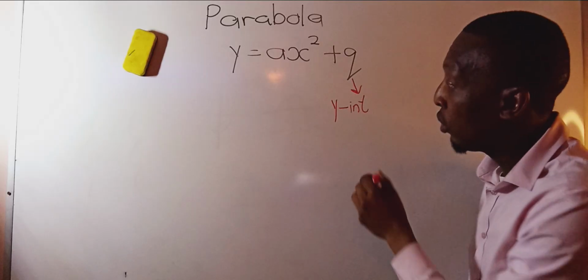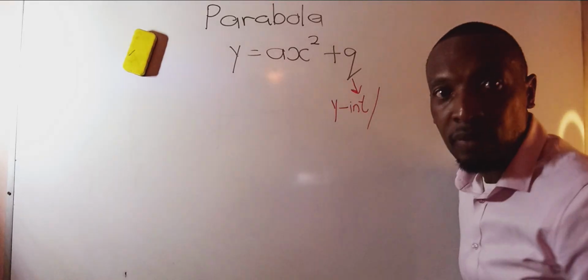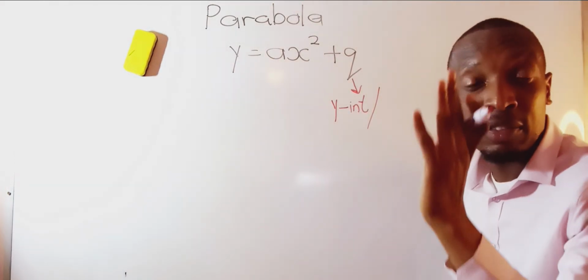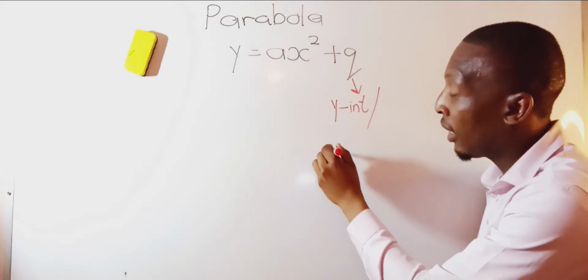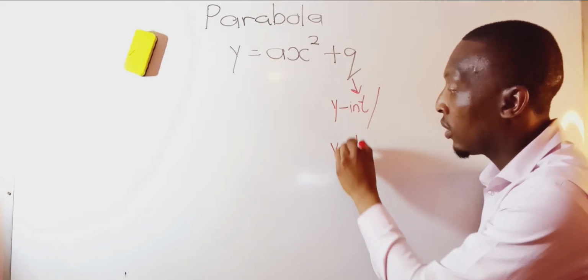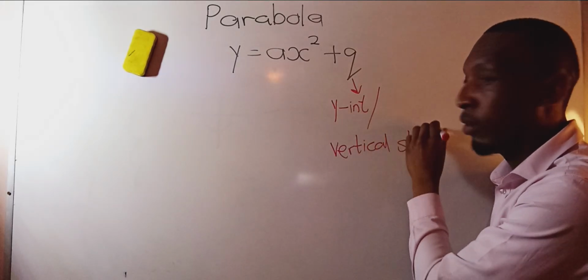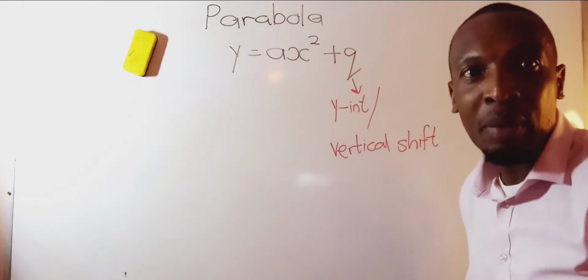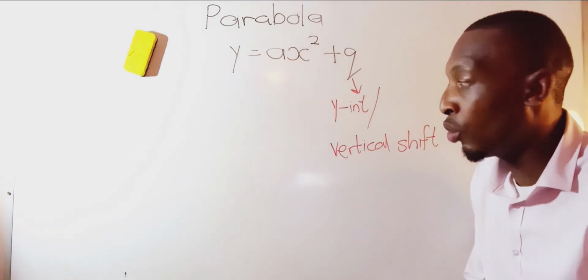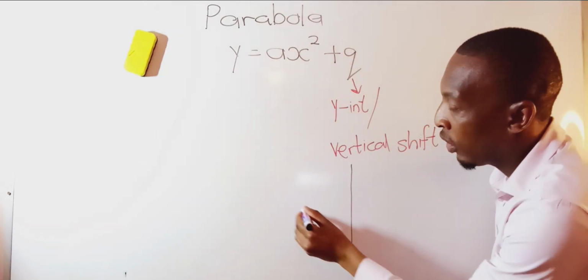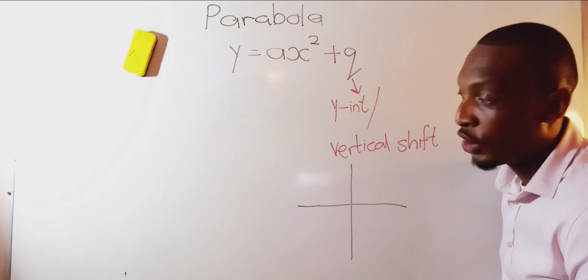It also tells me the vertical shift, and I'm going to explain that now. Where is this vertical shift story coming from? It's coming from what we call a mother function.